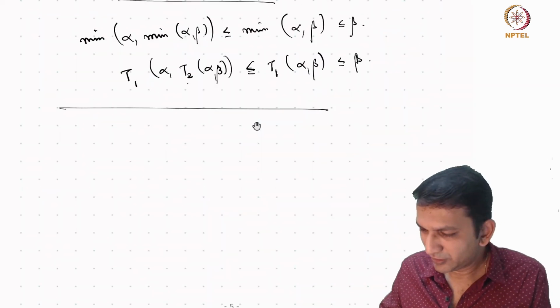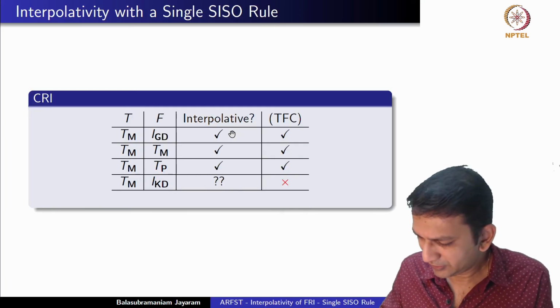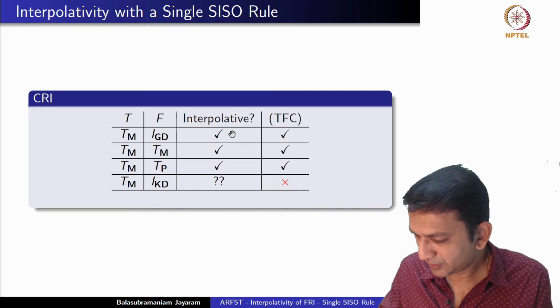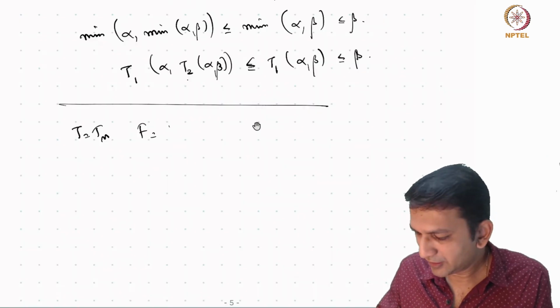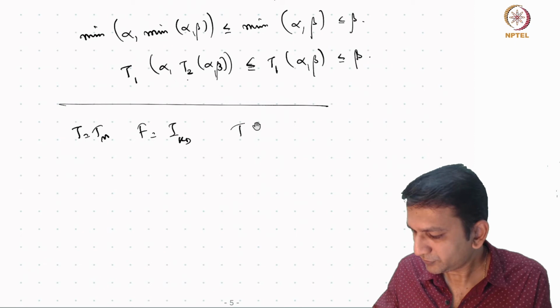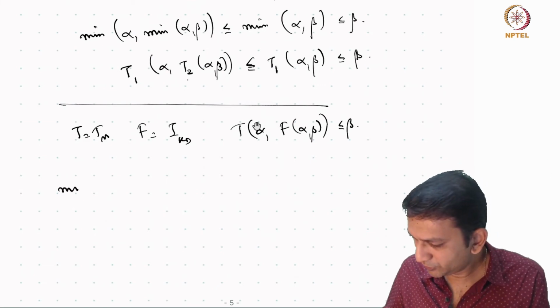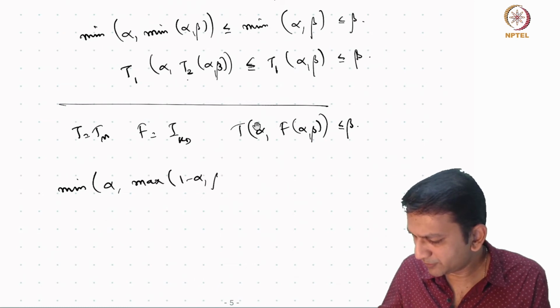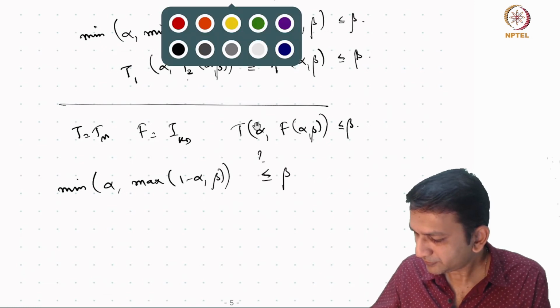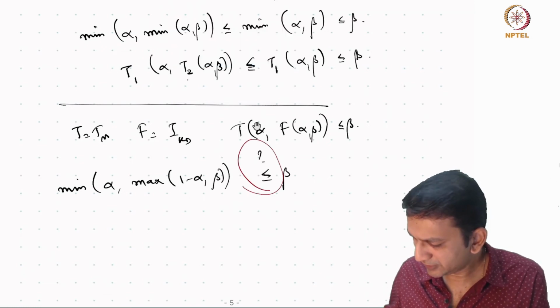Note that here T is Tm and F is IKD, and we are looking at this inequality for every alpha beta. So this translates into minimum of alpha comma IKD, which is maximum of 1 minus alpha comma beta. The question is, is it always less than or equal to beta?